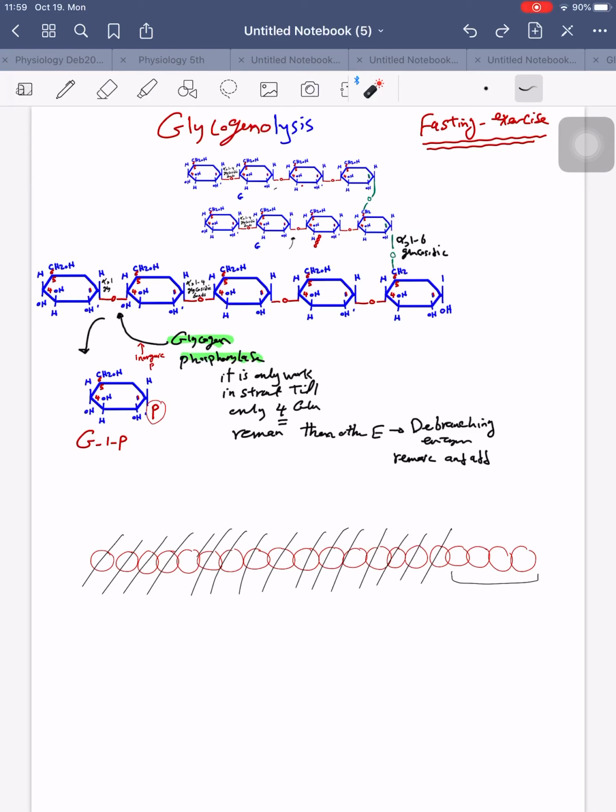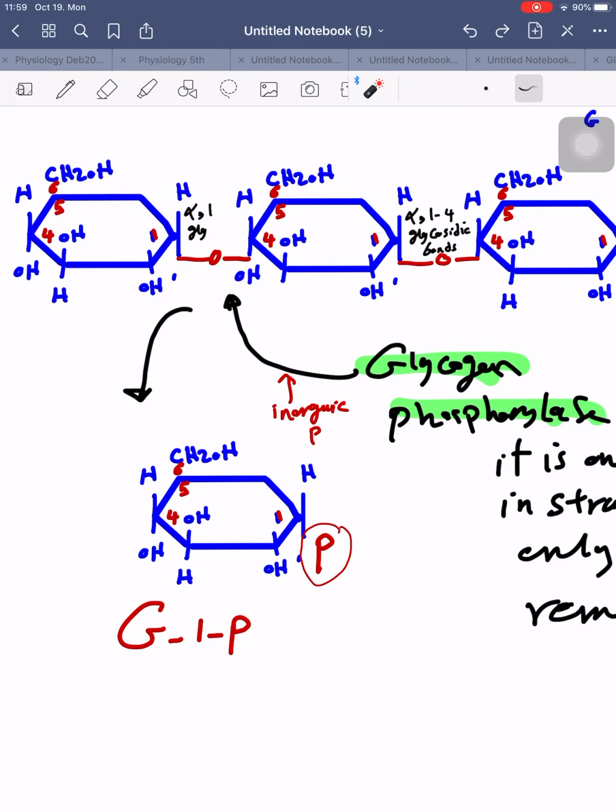Okay, so the question is to break down this bond. You need to activate glycogen phosphorylase. From the name, it seems that it adds a phosphate. So glycogen phosphorylase will bring inorganic phosphate to add to carbon number 1. So after I cut here, the released glucose is not free.